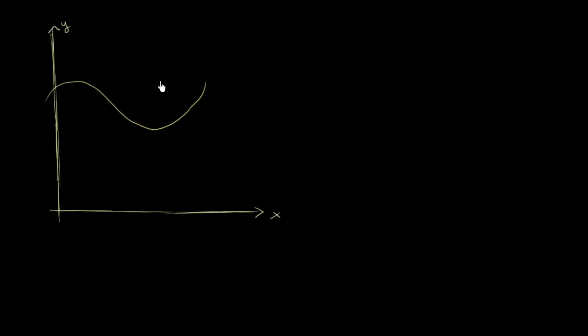So let's do it. I'm going to draw the diagram as large as I can to make things as clear as possible. So that's my y-axis, and this right over here is my x-axis. Let me draw an arbitrary function. So let's say my function looks something like that.